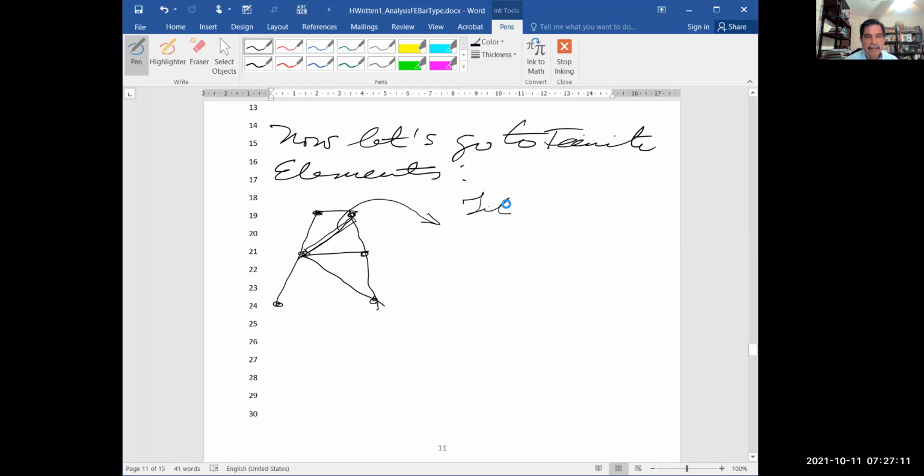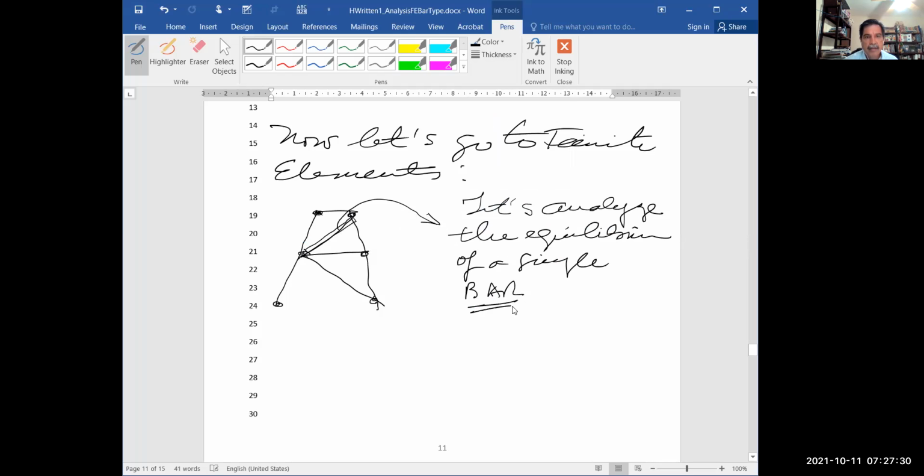So let's analyze the equilibrium of a single bar element. Be patient, I insist. In the next subchapter, we will put the whole thing together. But right now, let me analyze one single bar element.